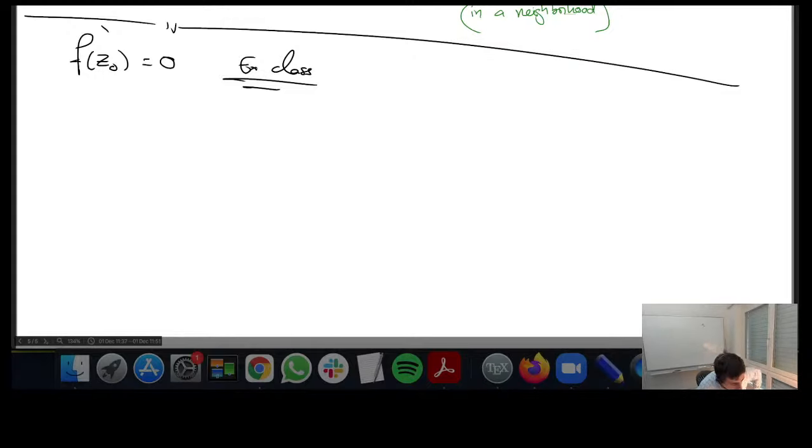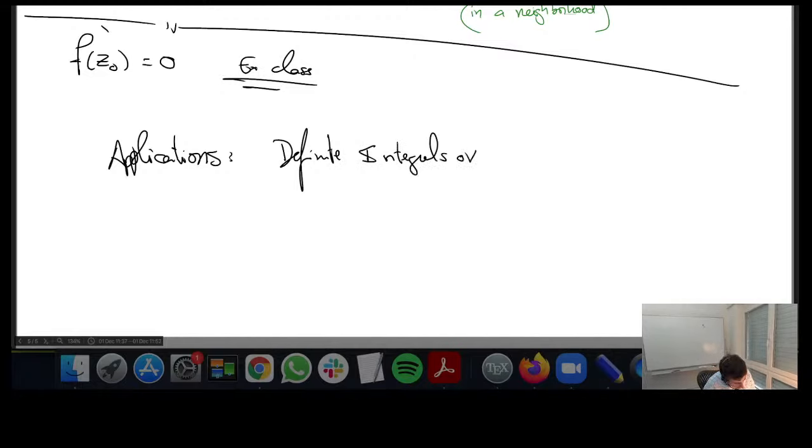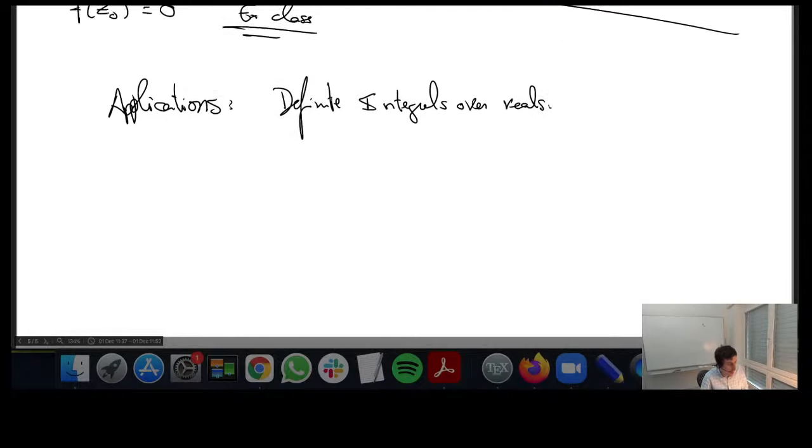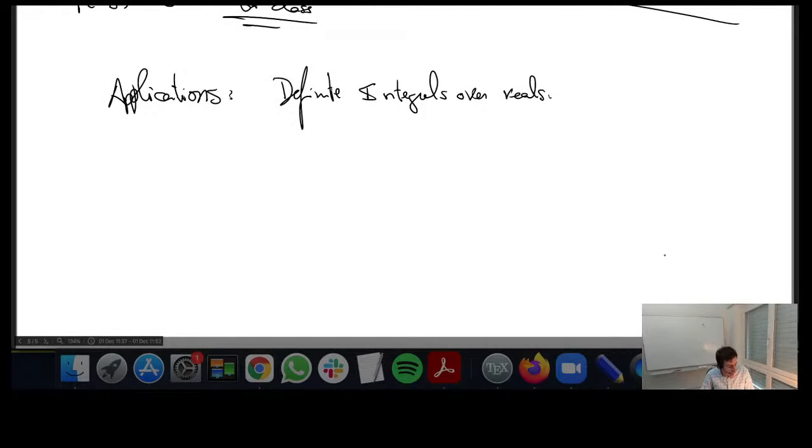So now one of the applications of this is actually working out definite integrals over reals. And there's things like maybe I have some integral of a complicated function.